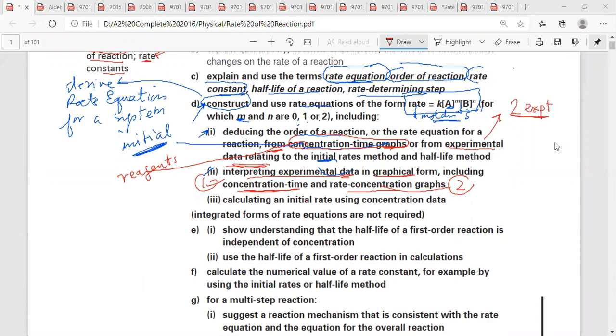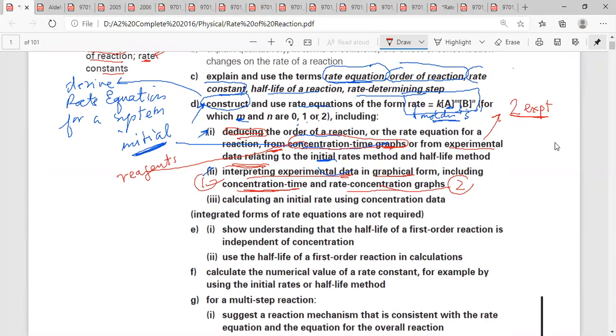Chapter on reaction kinetics. Now, so far, what we have done is we have deduced the rate equation. Remember, the rate equation is deduced from experimental data. And the raw data comes from the change of concentration of reactants and time.